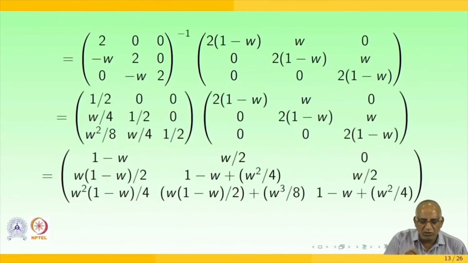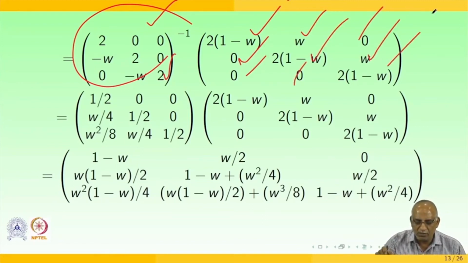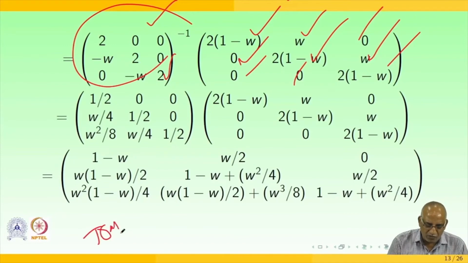So that becomes [2, 0, 0; minus w, 2, 0; 0, minus w, 2] whole inverse, multiplied with [2 into 1 minus w, w, 0; 0, 2 into 1 minus w, w; 0, 0, 2 into 1 minus w]. So when you take the inverse of this, inverse is nothing but transpose of cofactor matrix.